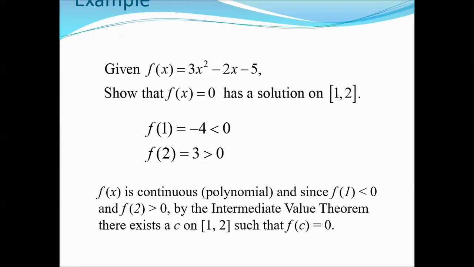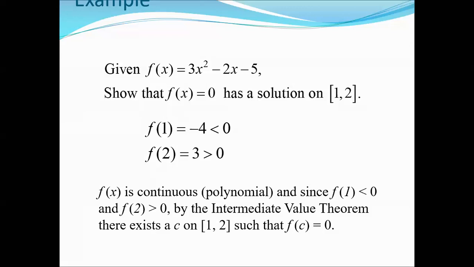Now if you look at the roots of f(x), what will you see? Find and check. f(x) is a continuous polynomial, and since f of 1 is less than 0 and f of 2 is greater than 0, by the IVP there exists c in 1 to 2 such that f of c is equal to 0.